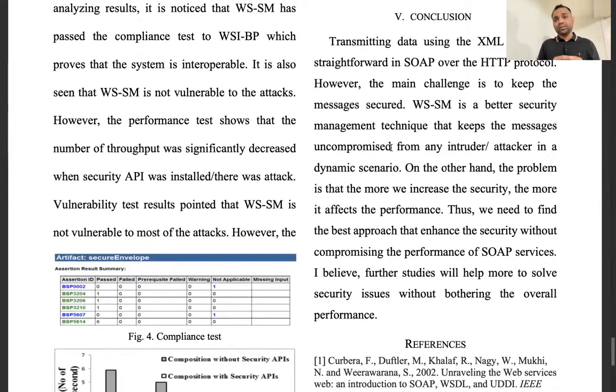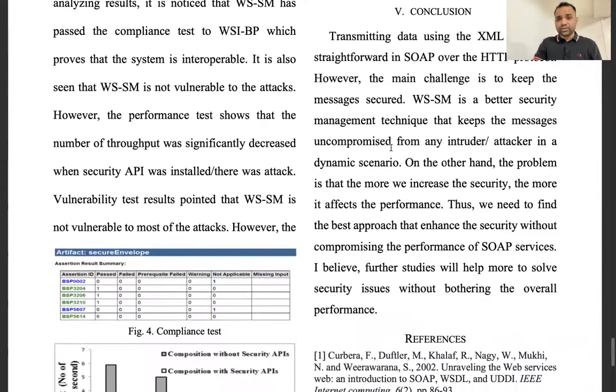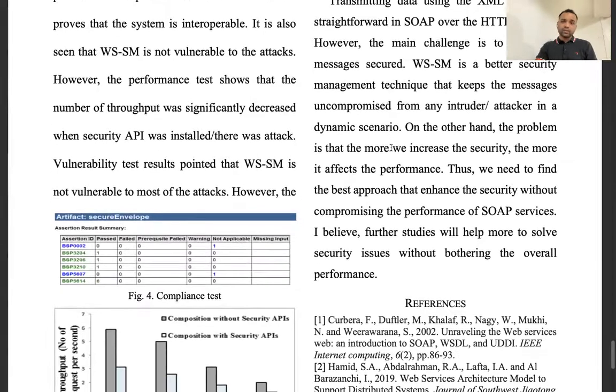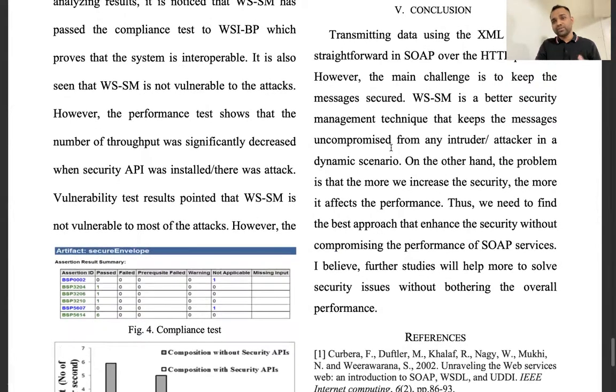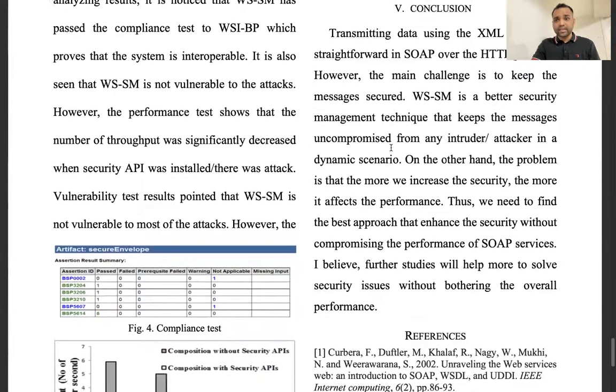It doesn't have any problem, but there is a problem when it comes to security issues. So to conclude, we'll say that the more you expect from the SOAP message, the more secure it needs to be to attract the trust of the people who are using the service of the service providers.